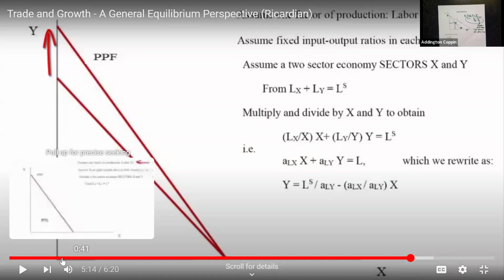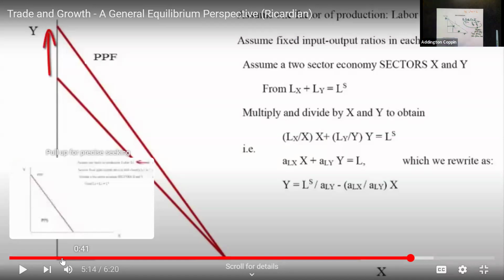And notice because it was the same analysis that I used for the production possibility frontier, I'm going to rewrite what I said earlier. I said earlier in the semester, LS plus LT equals L, the total amount of labor I have allocated to the two sectors. So that's my labor constraint.